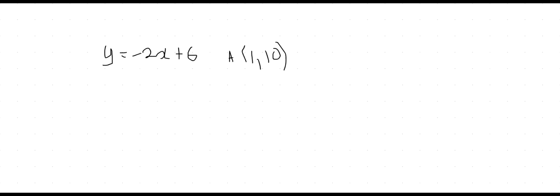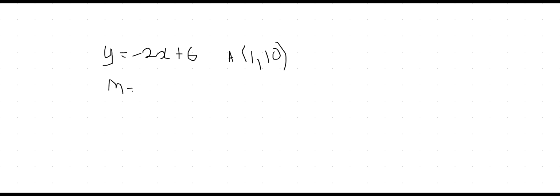So to solve this question, you should realize that the equation of the line we are given is written in standard form. And because it's in standard form, we know that it's written in the form y is equal to mx plus c, and m is the gradient. So the gradient of this line is negative 2.